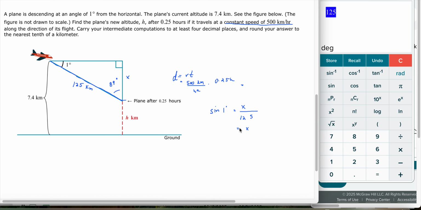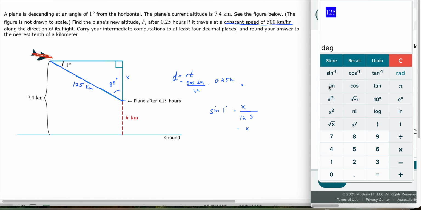Let's see what we get. We'll have sine of 1 degree, and then that gets multiplied by 125. We want at least 4 places, so that would be 1, 2, 3, 4.